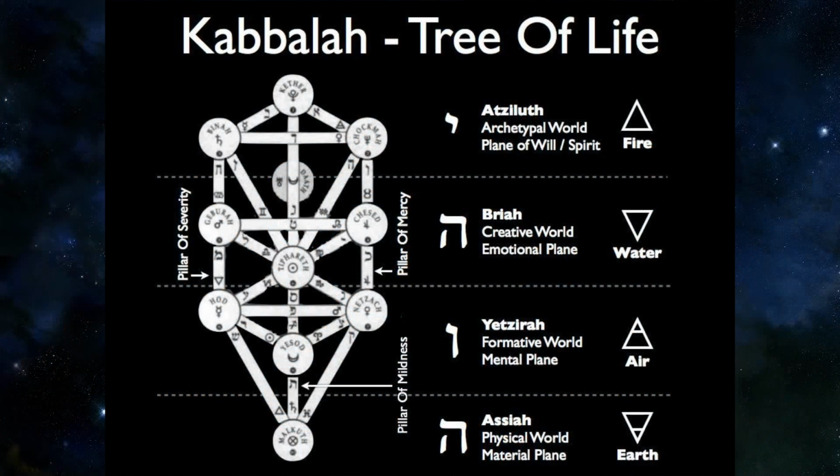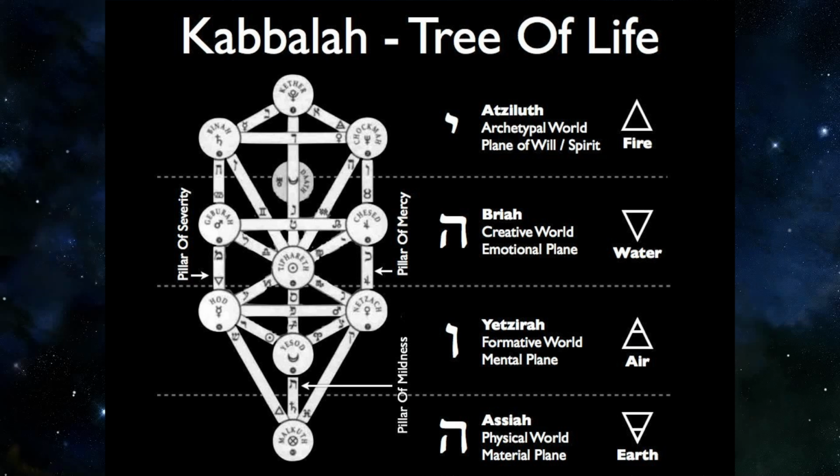The three Sephirah that form a triangle between Yesod, Hod, and Netzah, just above Malkut, represent the world called Yetzirah, or the formative world. This is the mental plane. It is the alchemical attribution of air.